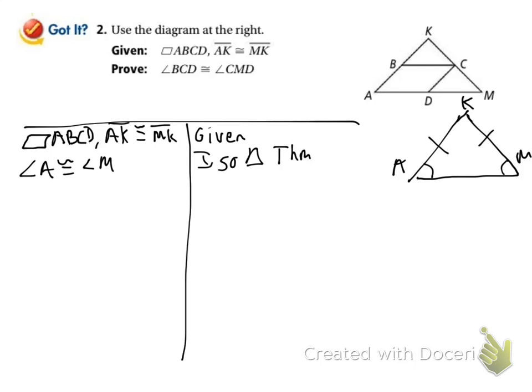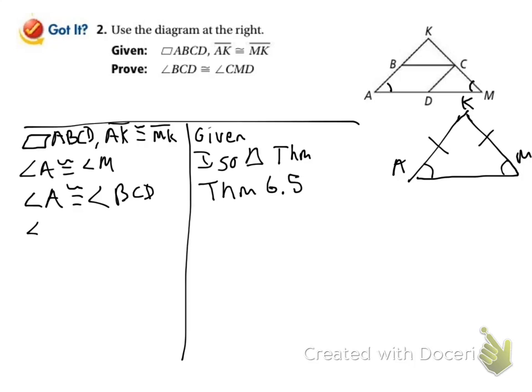Okay, and I'll mark it on my picture as well. So then I'm allowed to say that angle A is congruent to angle BCD by theorem 6.5. That's what says that opposite angles are congruent inside of a parallelogram.